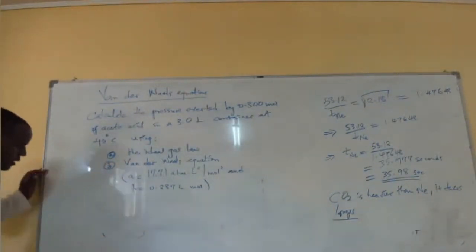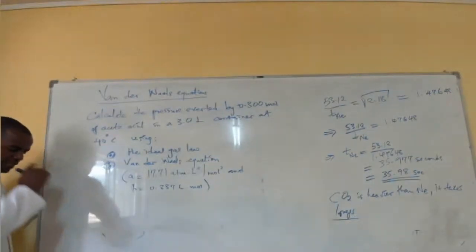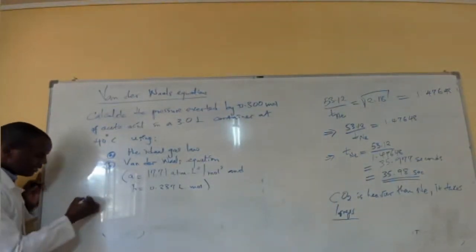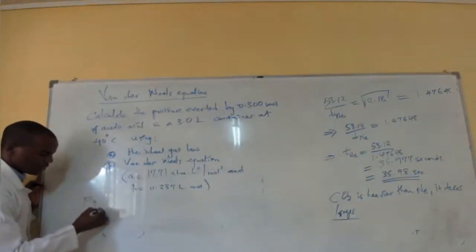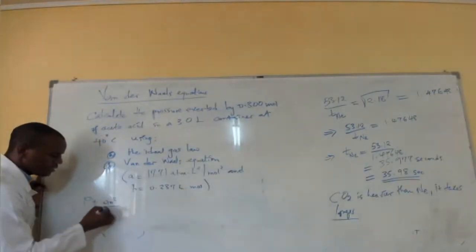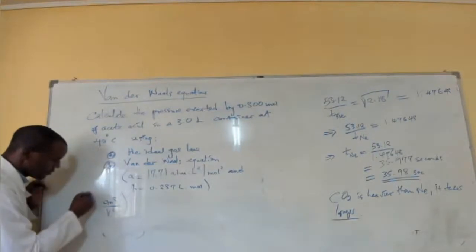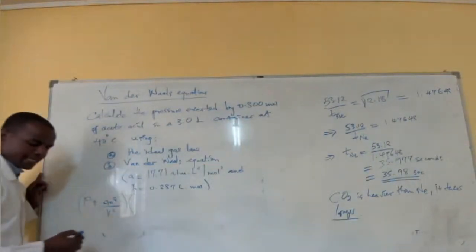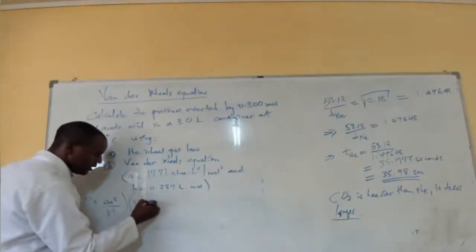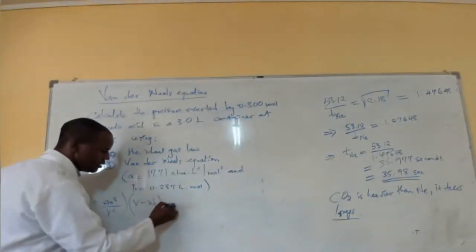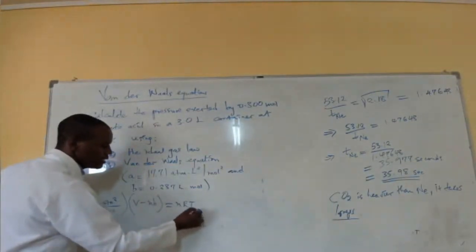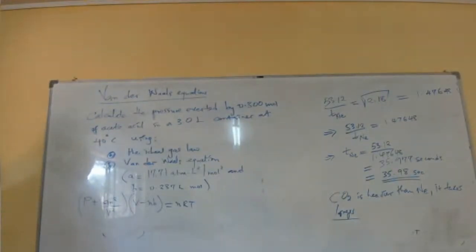So remember that for the van der Waals equation, we have P plus a n squared divided by V squared, multiplied by V minus n b, is equal to nRT. Okay.